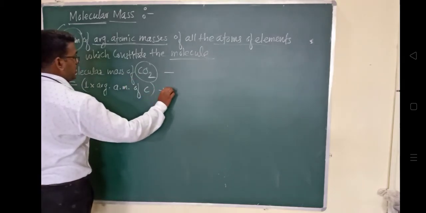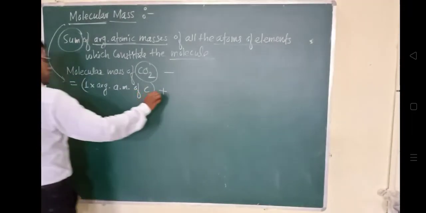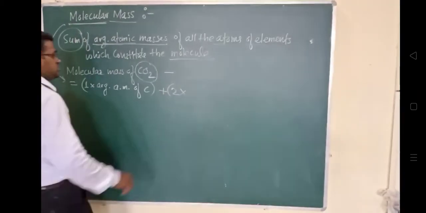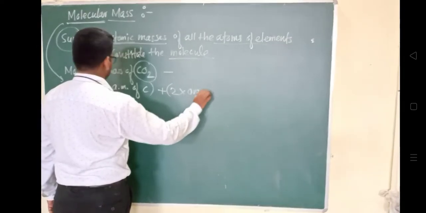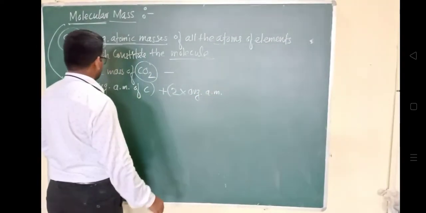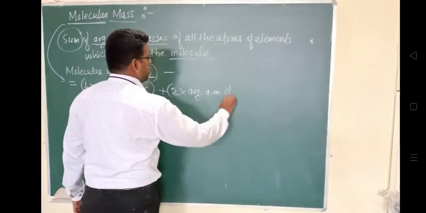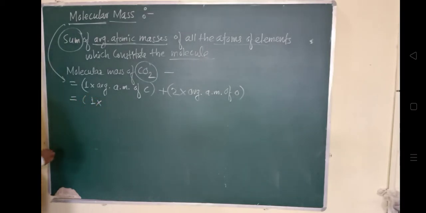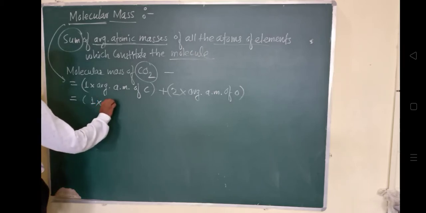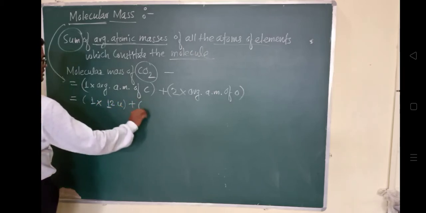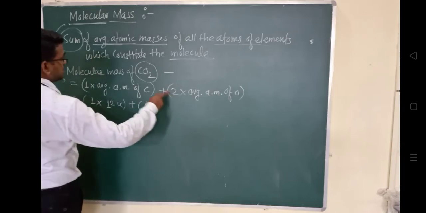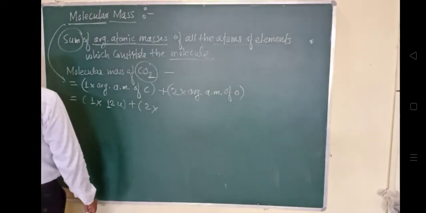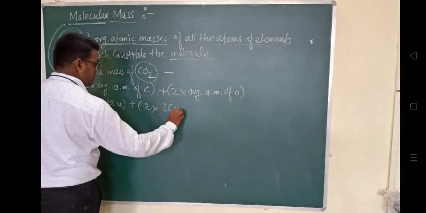Plus 2 multiplied by the average atomic mass of oxygen, because 2 atoms of oxygen are present. Small am is the atomic mass of oxygen. We know the average atomic mass of carbon is 12 unified mass, plus 2 into the average atomic mass of oxygen, which is 16 unified mass.